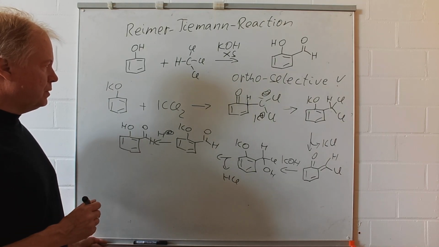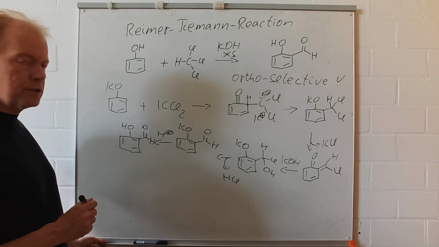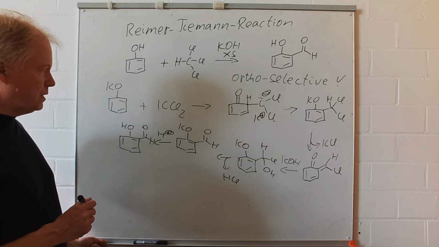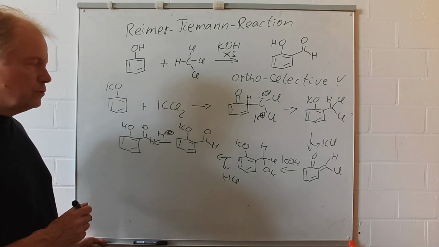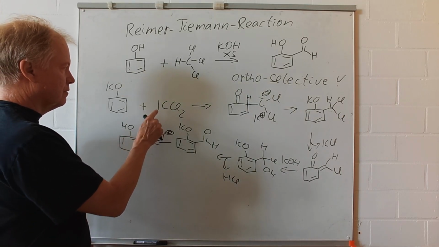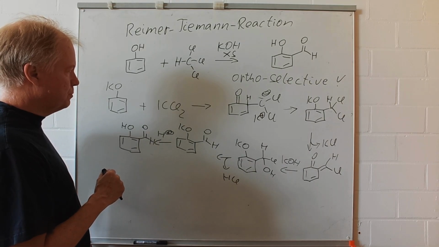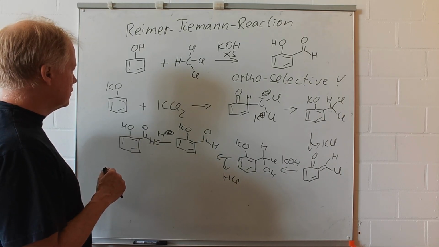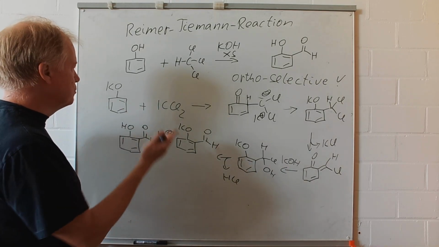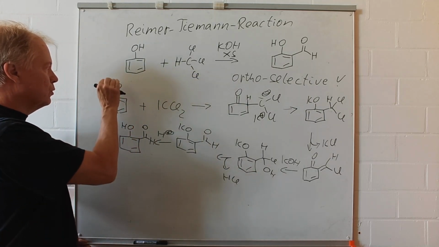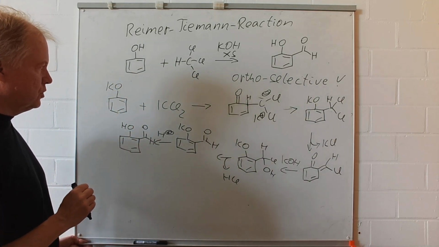If you look up the mechanism that is explained, for instance, on Wikipedia, there you can read that this highly electrophilic species will prefer to be located close to the anionic charge.